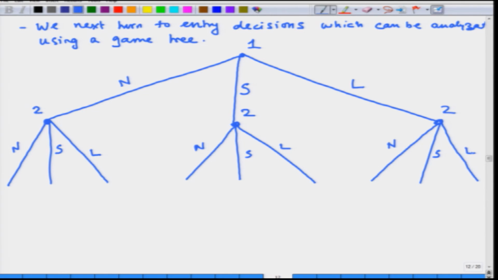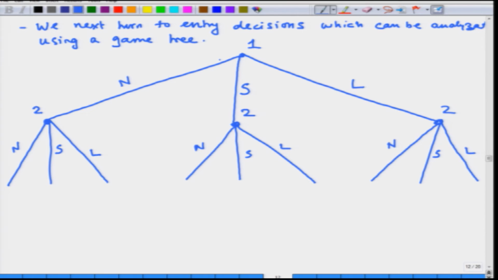All we need to do is to assign the payoffs at the end of the game tree, and the way we would assign the payoff is that since firm 1 has moved first, we would assign the payoff to firm 1 as the first entity, the second entity will be the payoff of firm 2.